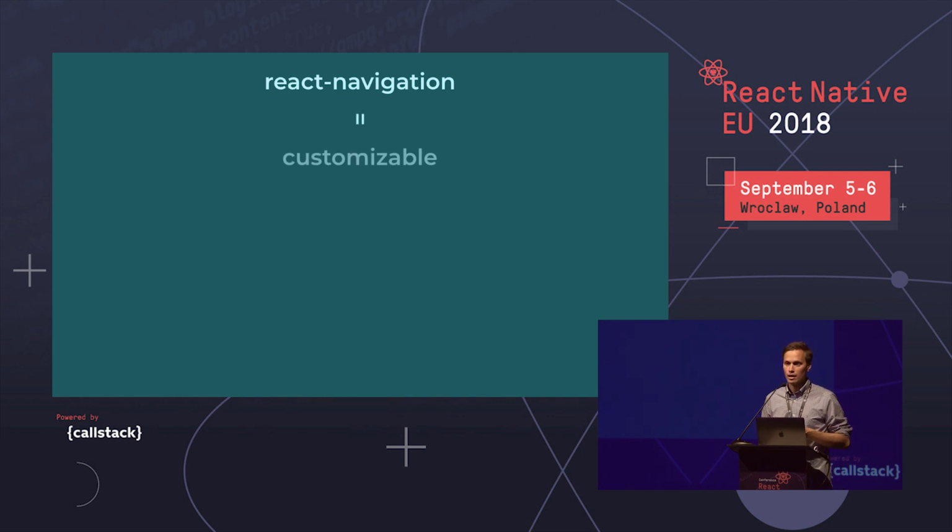And by customizable, I don't mean adding another 200 parameters to control everything, but giving you a way to override the default behavior if you want to. A good extension point was what Eric was talking about, the transitioner API. We have similar things for intercepting push and pop with React Navigation, and there are a couple of other extension points.